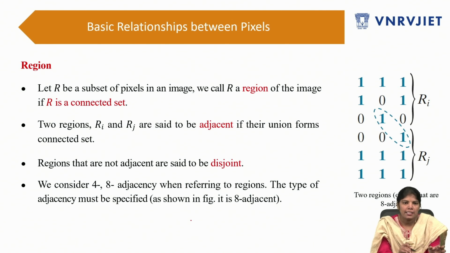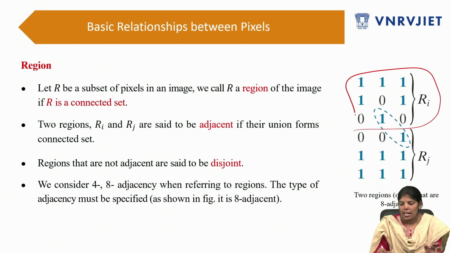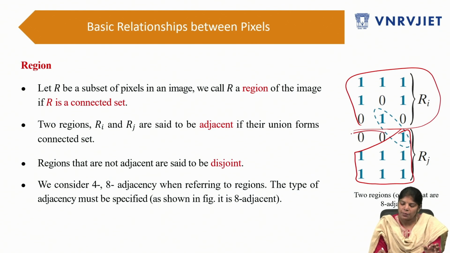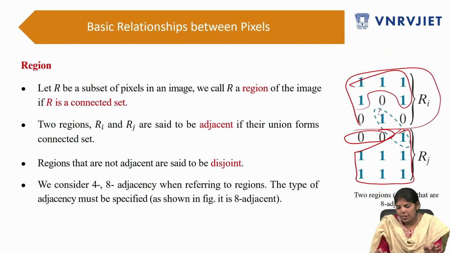How are these two regions connected? If this is one region having similar pixels, and this is the other region, then this part is called one region, which is separated from the other region. All similar intensity values are considered as one region, so this is also one region. This is how these two are connected, Ri with Rj.